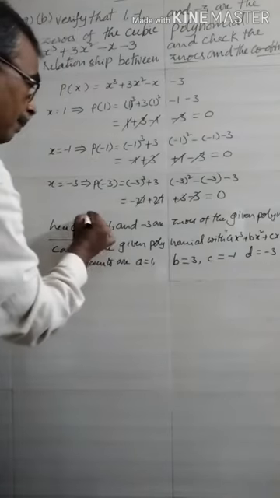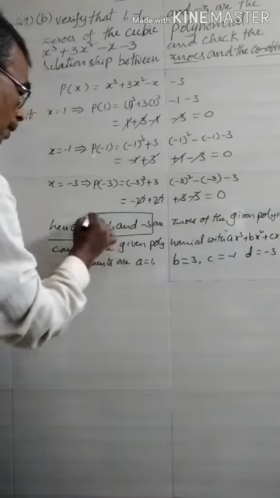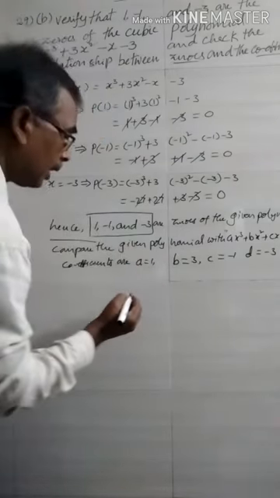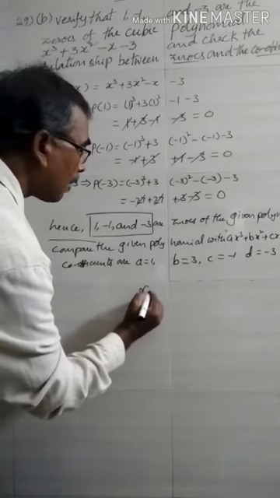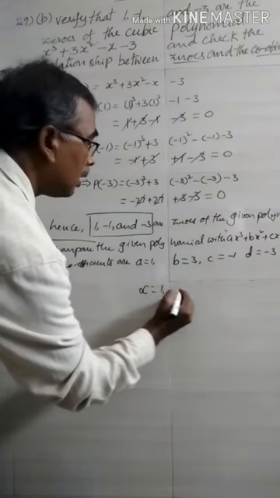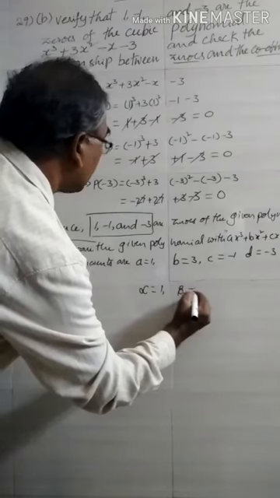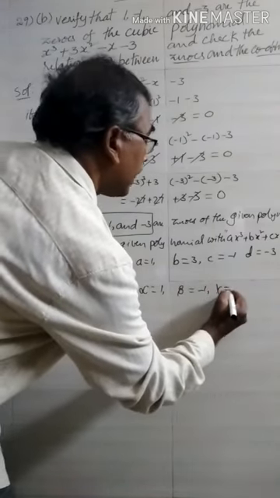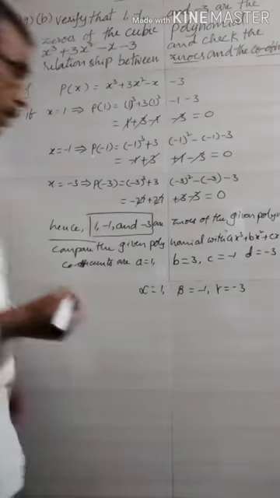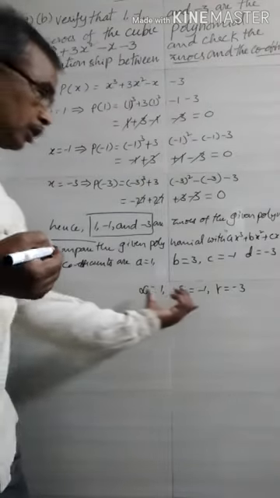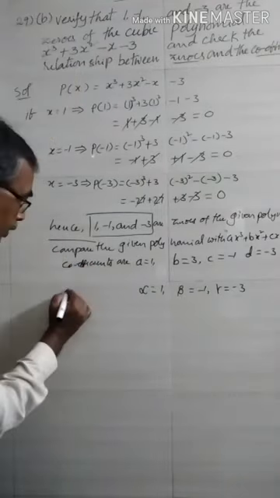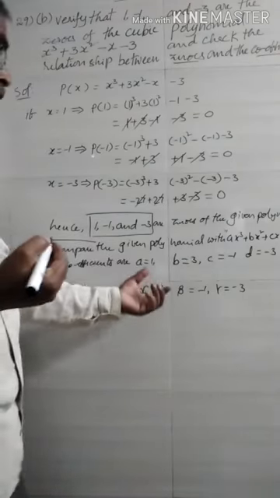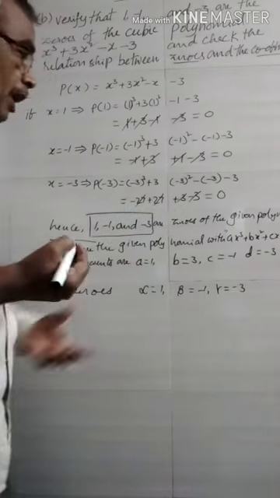But what we said previously, 1, -1 and -3 are zeros of the polynomial. That means alpha is equal to 1, beta is equal to -1, gamma is equal to -3. So here what we know? We know the zeros. We know the coefficients. Now we know the relationship also.